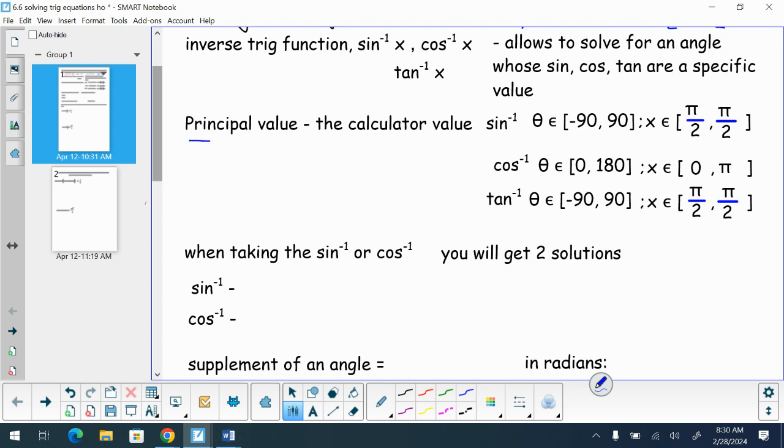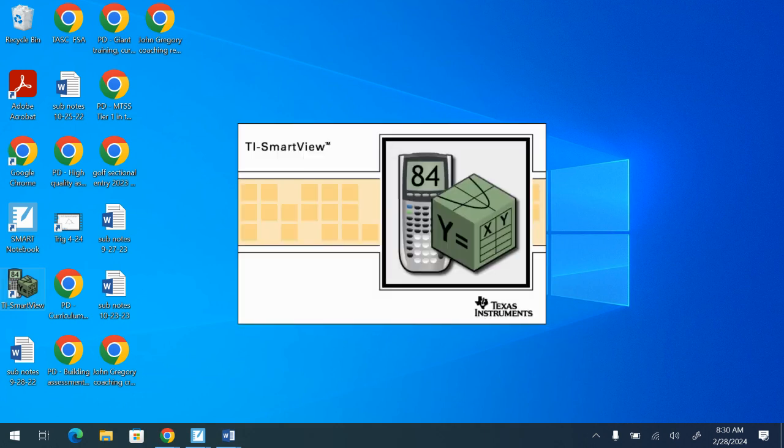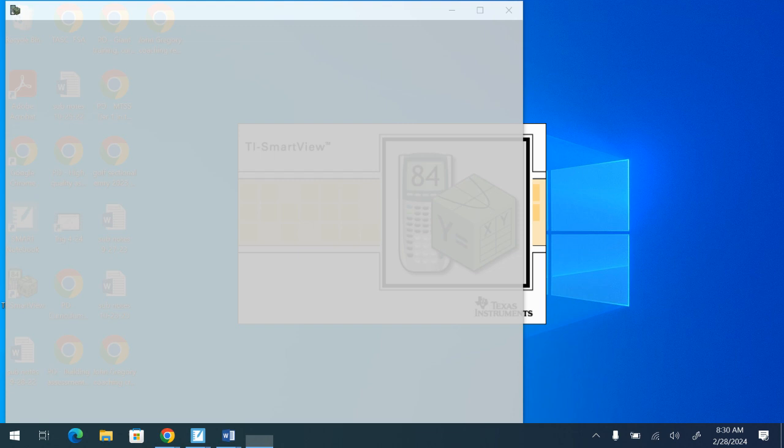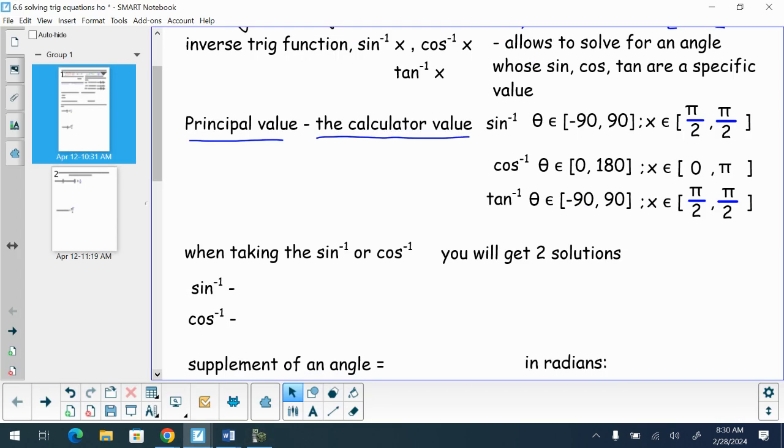Okay, principal value. When we deal with a principal value, that is your calculator value. If we have the sine of theta is equal to 1/2, and we want to solve for theta, well, what is connected to this value of theta is the sine function.